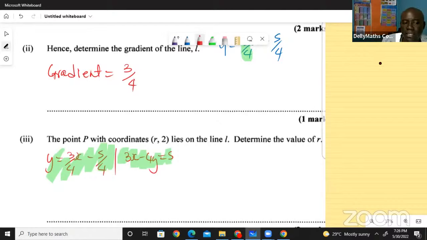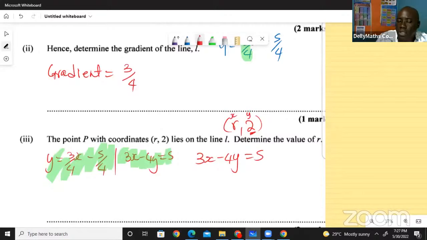So I'm going to use the easier form, 3x minus 4y equal 5. If I'm working with R and 2, if I plug in the 2 for y, then I can find the x, because this is an x value and this is a y value. They walk together.